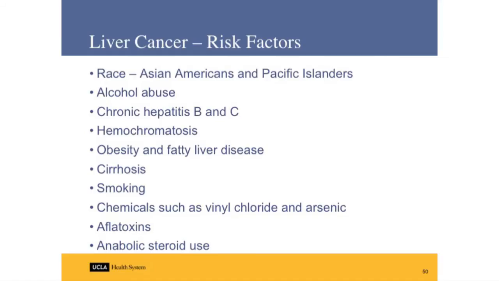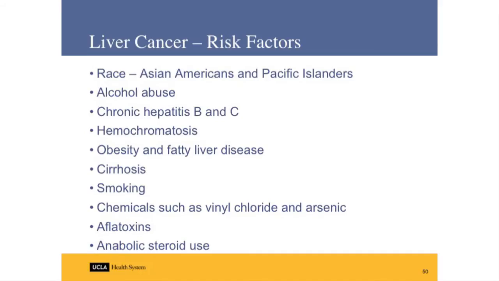Then aflatoxins are also risk factors. These are cancer-causing substances made by a type of plant mold, and that have been implicated in liver cancer. Aflatoxins can contaminate wheat, peanuts, rice, corn, soybeans, particularly in developing countries.